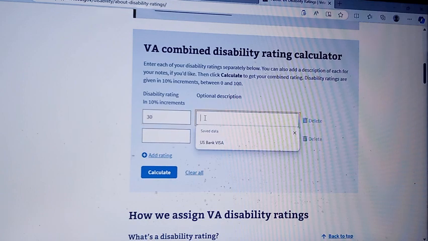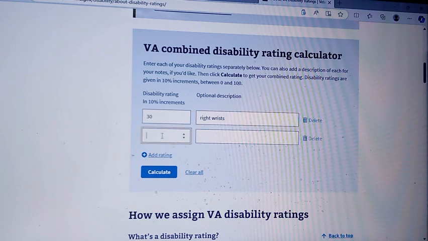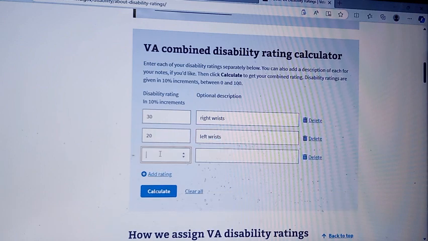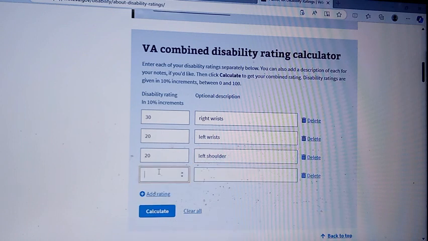30% right wrist. 20% left wrist. Add rating. 20% left shoulder. Add rating. 20% back.